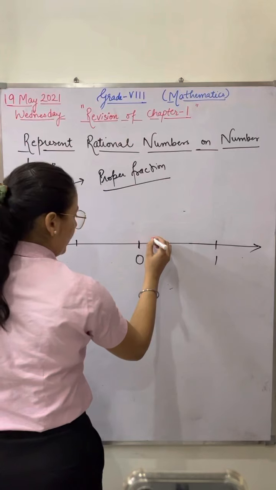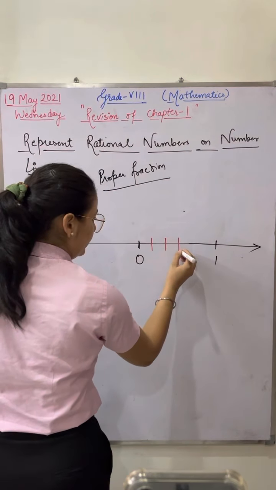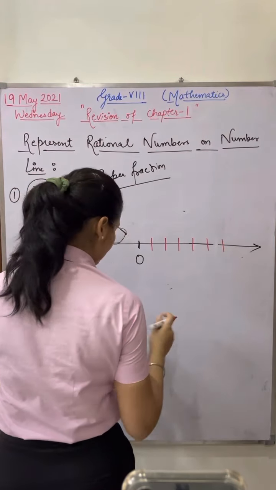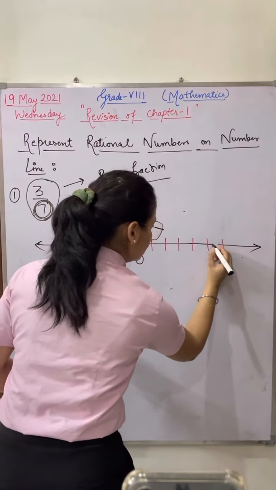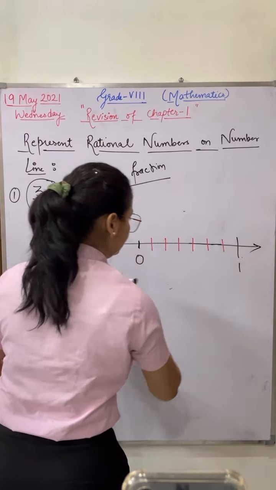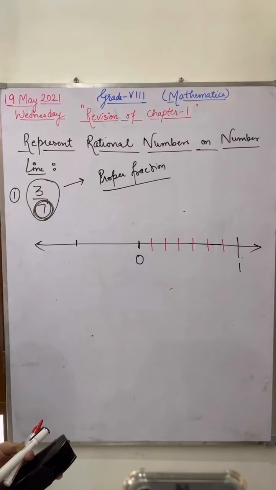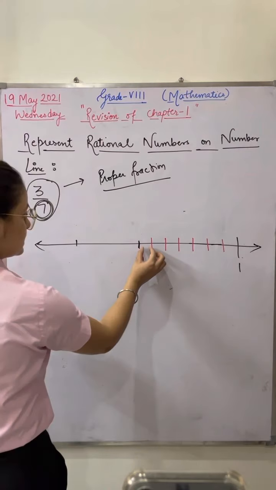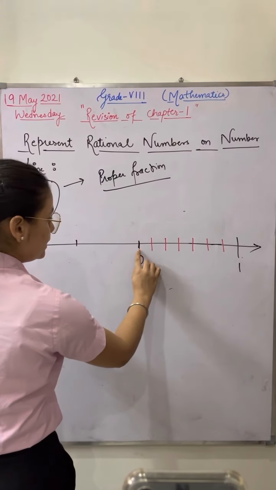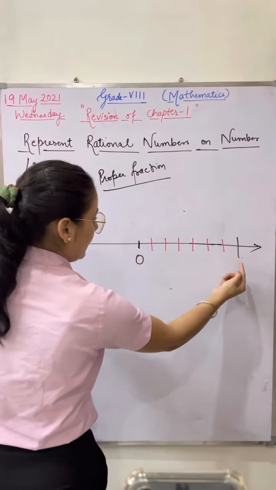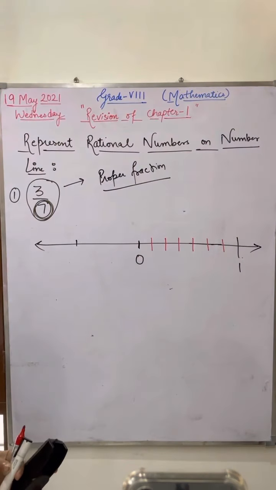This is your 1, 2, 3, 4, 5, 6, and the next one is 7. You have to make 7 partitions. This is your first, second, third, fourth, fifth, sixth, and the last one is the 7th.